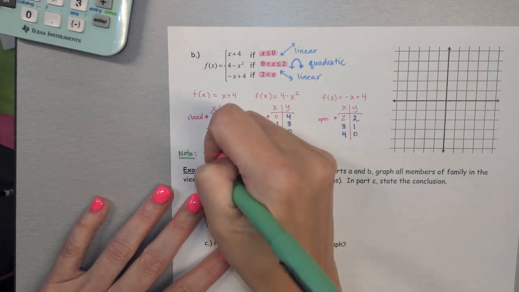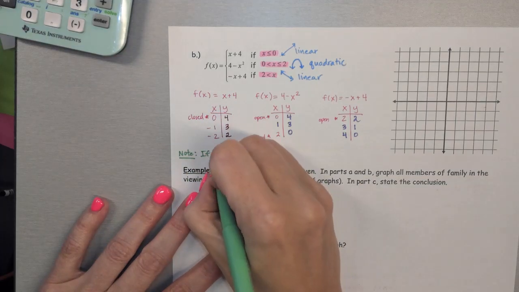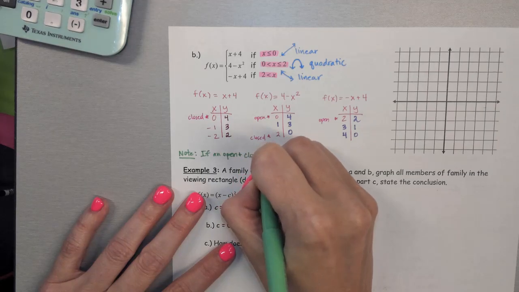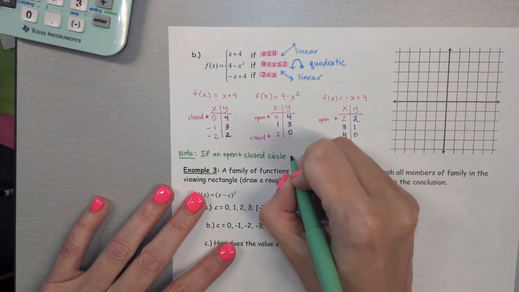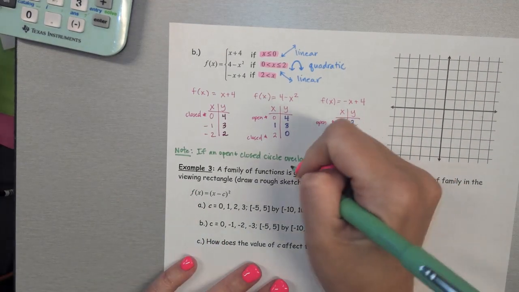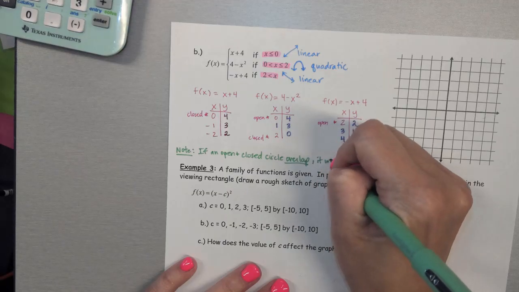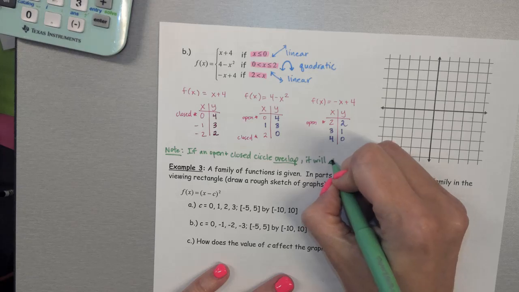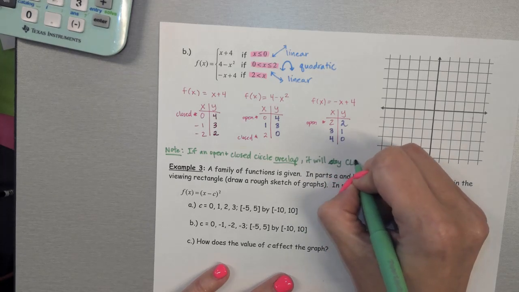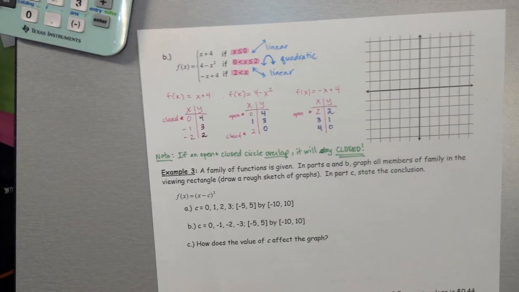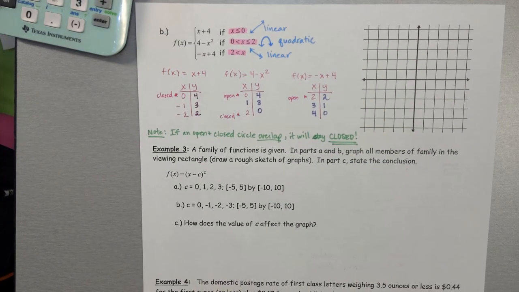So if an open and a closed circle overlap, it will stay closed. The closed wins.